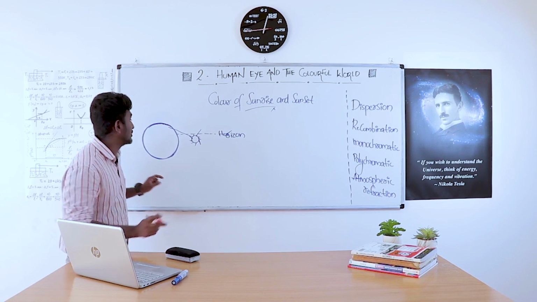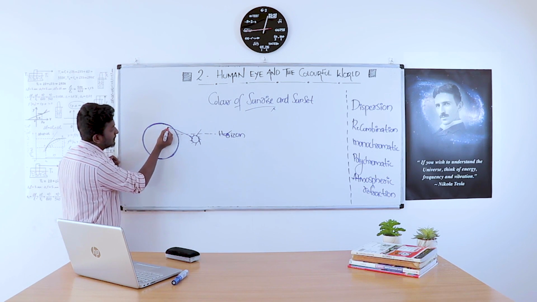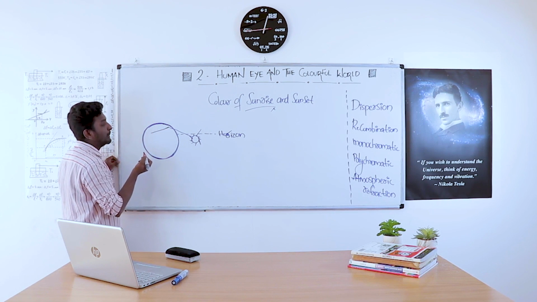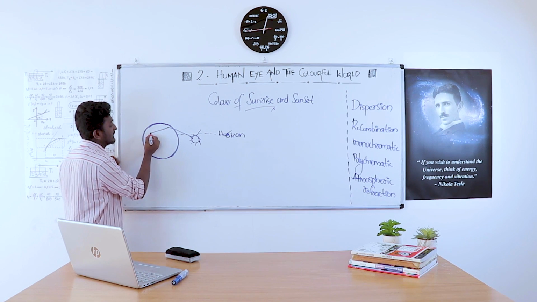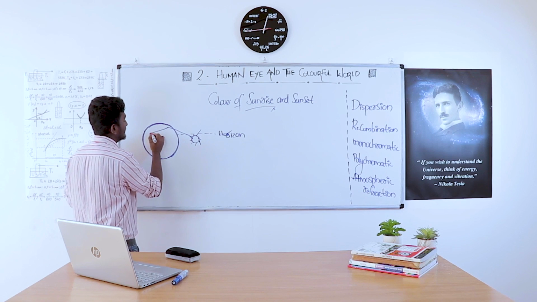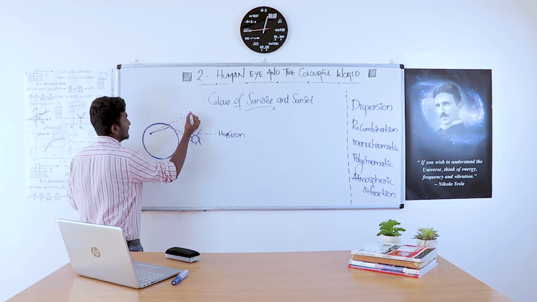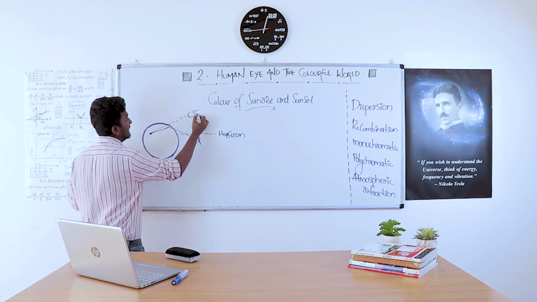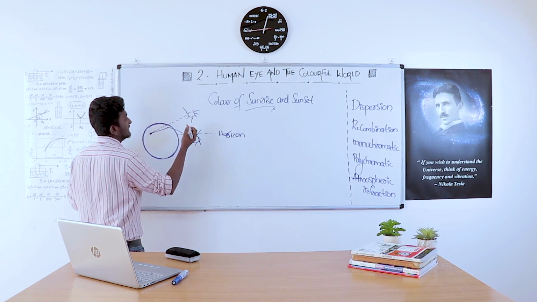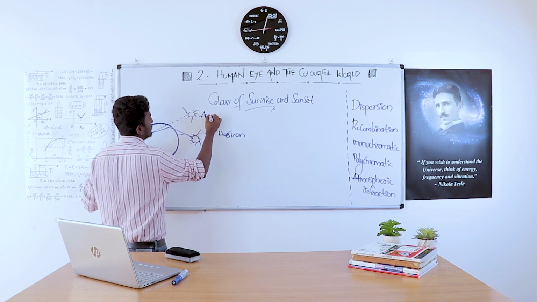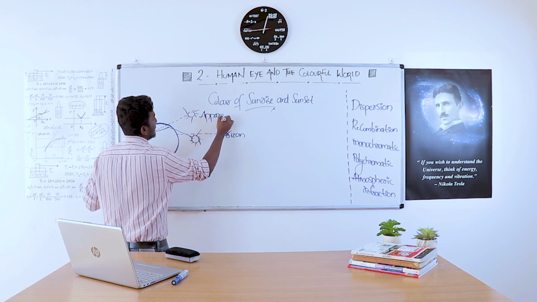Due to this atmospheric refraction, part of the light bends and reaches the observer's eyes. So when we are looking from the Earth, we see the sun at an elevated position, but this is not the actual position. It is the apparent position.